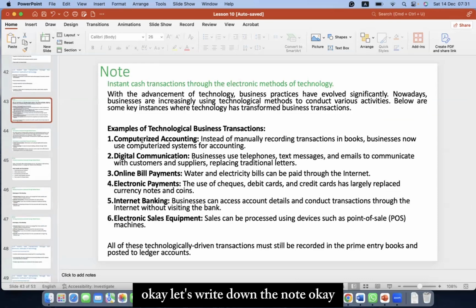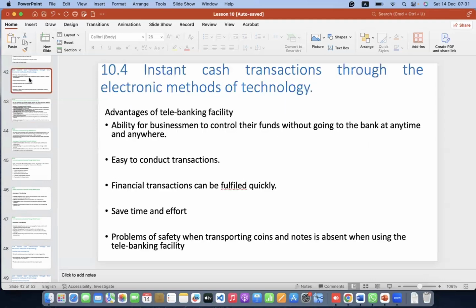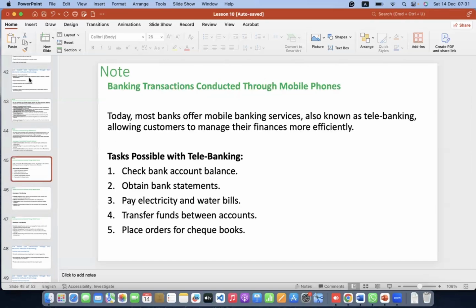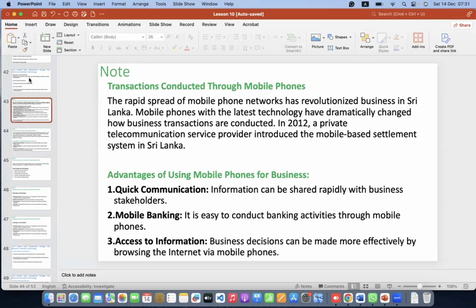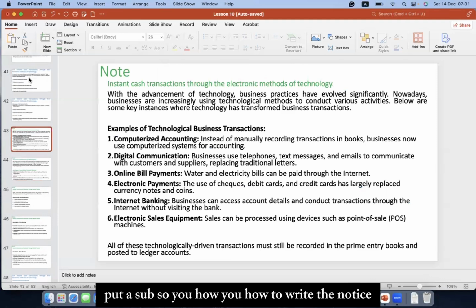Okay, let's write down the note. So how you have to write the notes? You have to put a subheading and you're writing it.